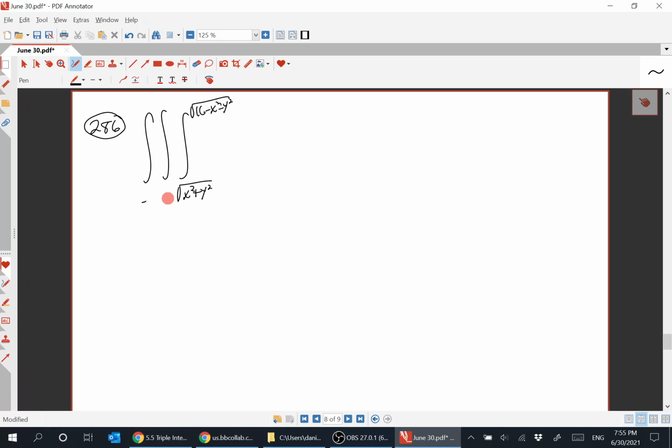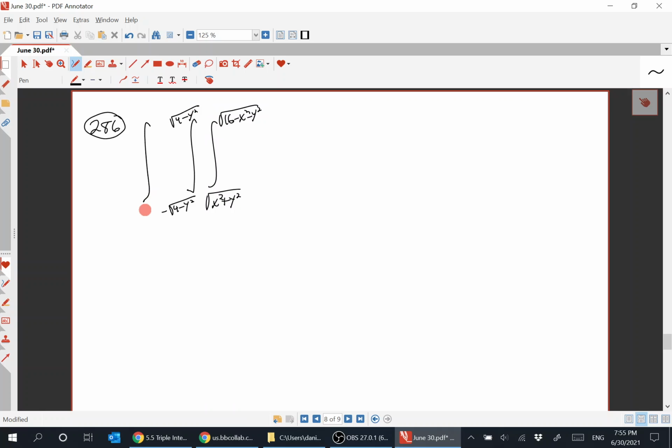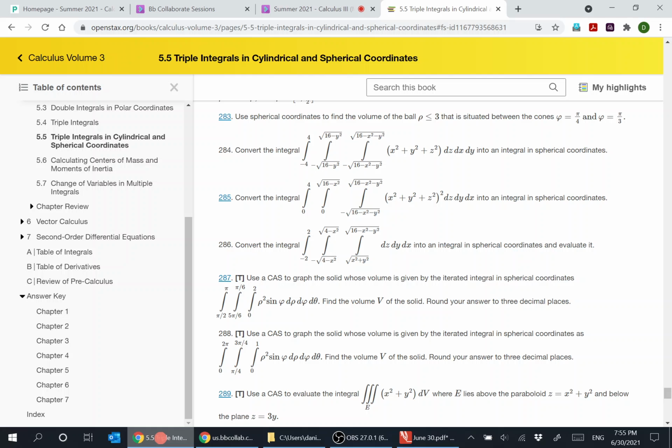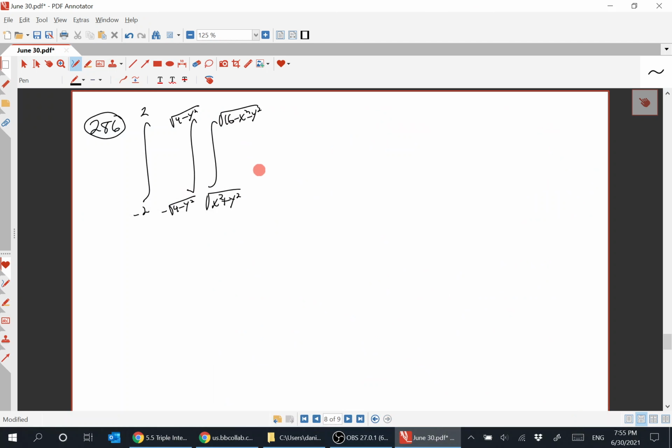And then minus... wait a minute, minus 4? Oh, yeah, because apparently that's where these guys intersect. So this is dz, dy, dx. No, this is dz, dx, dy. No, dz, dy, dx, of course.